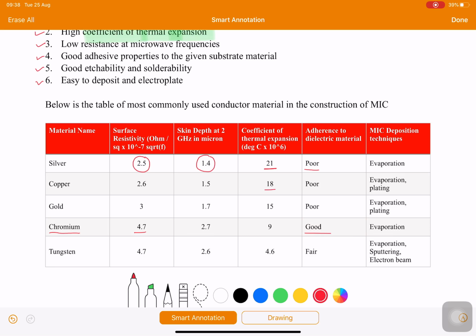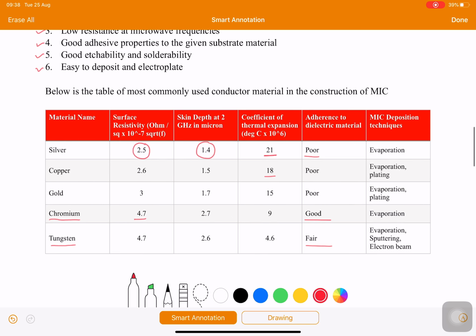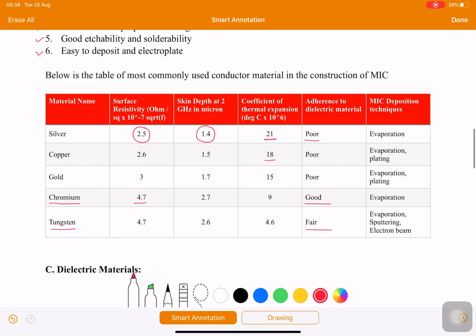Similarly, if we compare the tungsten material as a metal, the dielectric adherence property is good among all of the others, so it is fairly high as far as adherence to the dielectric material is concerned. Tungsten is going to perform best, right? On the other hand, if we compare in terms of surface resistivity offered by the metal, silver is going to beat the other remaining metal types.